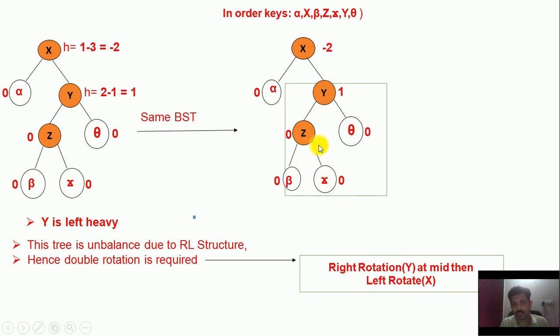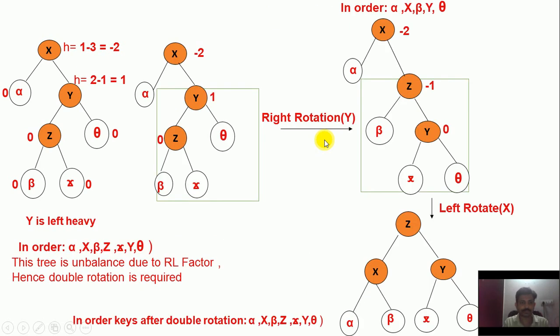When we place this y node at the right side of node z, then delta will be placed at the left side of y. So here you can see that this y node is placed on the right side of z, and this delta value is placed on the left side of y.